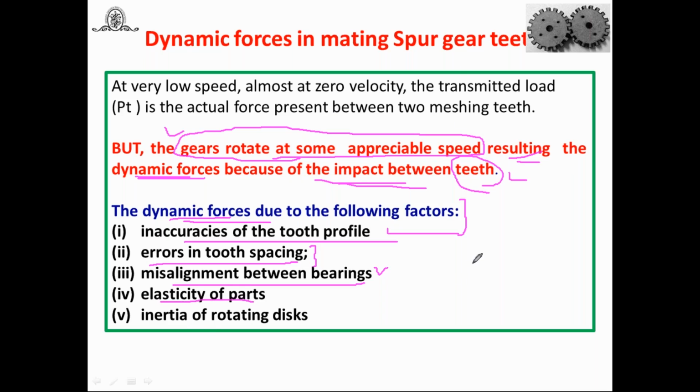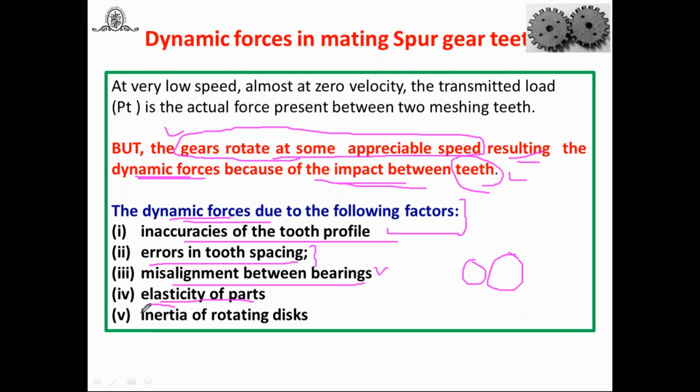Again, elasticity of the parts: the pinion and the shafts are made of steel, which has a modulus of elasticity, and because of a change in load or torque, there may be elastic deformation of the parts at the point of contact, and again dynamic forces are induced.